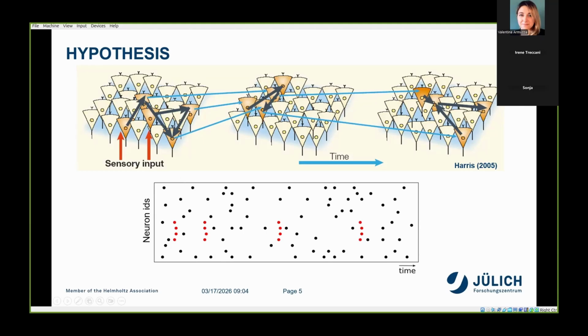Now let's think about what we could measure. I always take the perspective of measuring on the individual neuron level. Yeah. So we talk about neurons, and now we have electrodes. You probably know that you can do extracellular recordings where you can measure the individual spiking activities of the neurons.